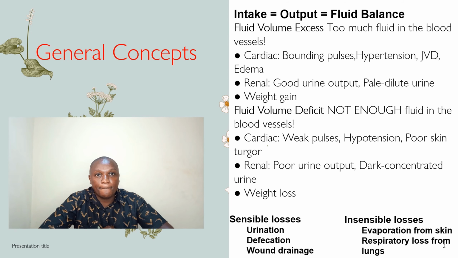This is what we can see in the urine during urination, defecation, and wound drainage. Then we have fluid loss that we call insensible losses. This is evaporation from the skin and respiration from the lungs.